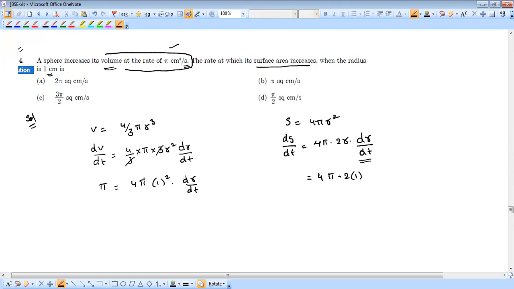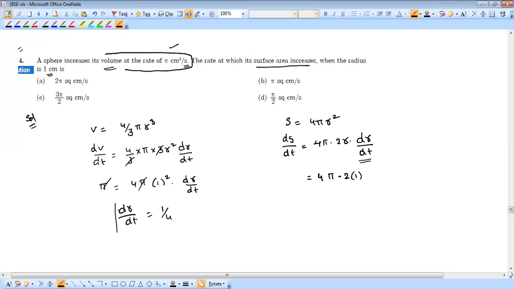Now pi gets cancelled, and you can take dr by dt as 1 by 4. If you substitute the r value here, 1, no problem. Or you take r as r square and substitute here, that also gets cancelled. Anyhow, the r value is 1.